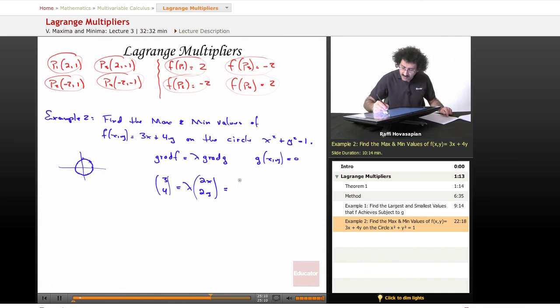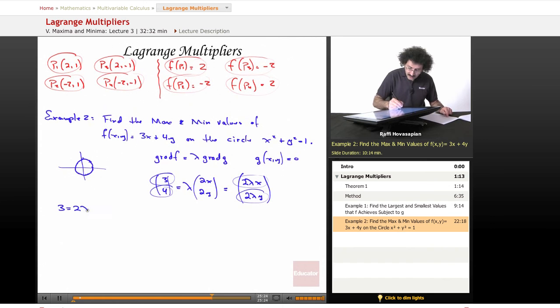So we have 2 lambda x and 2 lambda y. This corresponds to that, and this corresponds to that. So we have the equation 3 equals 2 lambda x, and 4 equals 2 lambda y.